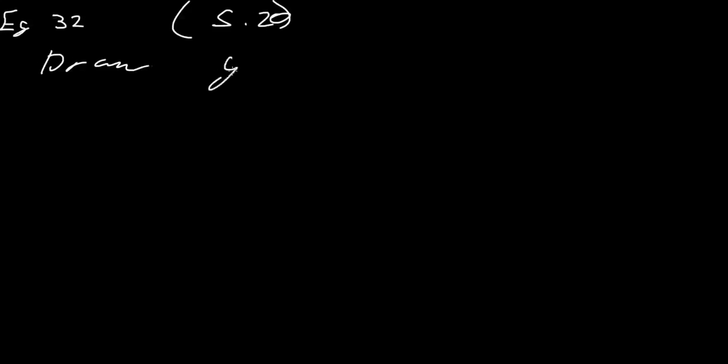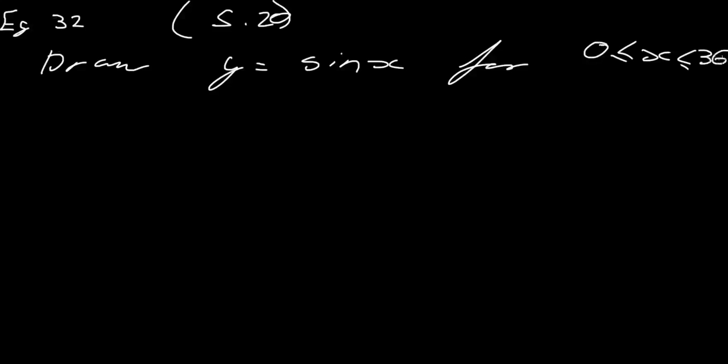Okay, so example 32, this is section 5.20, sketching trig graphs. Example 32 says draw y equals sine x for x between 0 and 360 degrees.